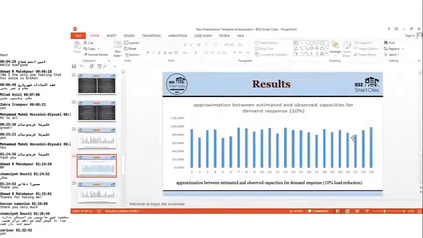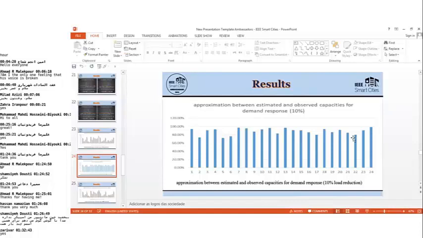In scenario number 1, load reduction is assumed to be 10% of total consumption. It means you, as a customer participating in demand response, reduce your consumption just 10% from your main consumption.